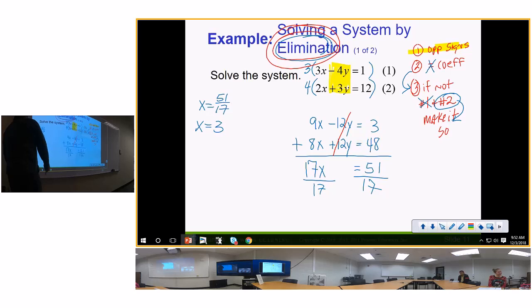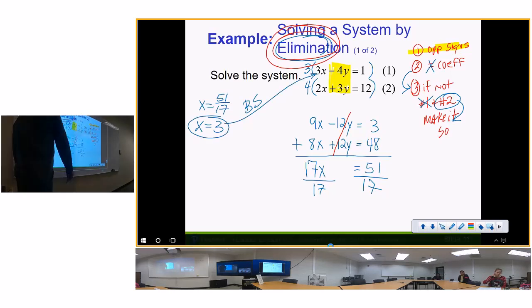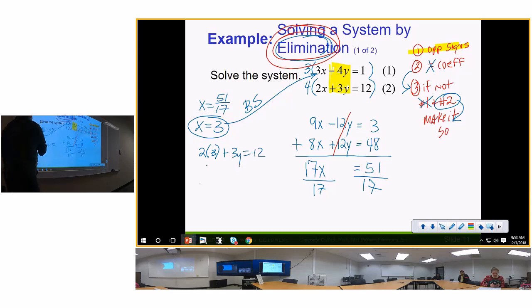All right. So what am I going to do with that 3? Back substitute. You put it in either one of the 2 equations. I don't care. Since the 2x and 3y is smaller, I'm going to plug it into that. So 2 times 3 plus 3y is equal to 12. 6 takes that to a 6. 3y is equal to 6.